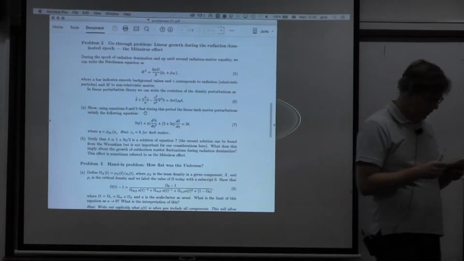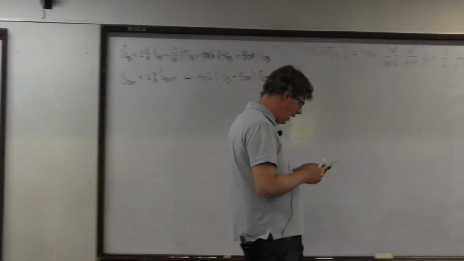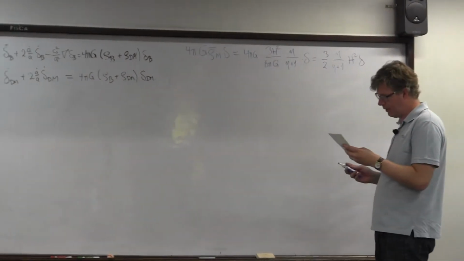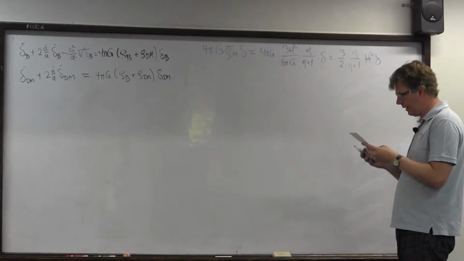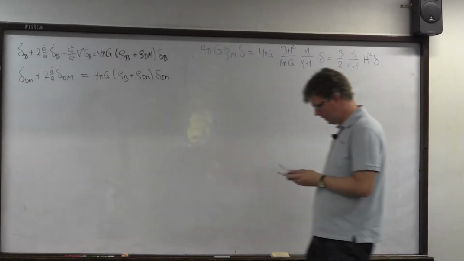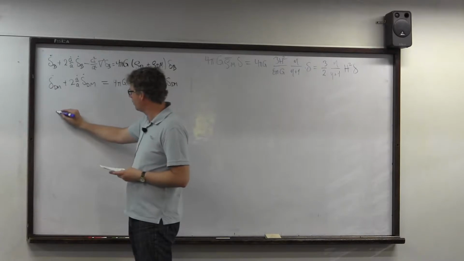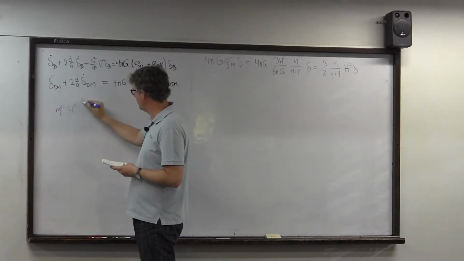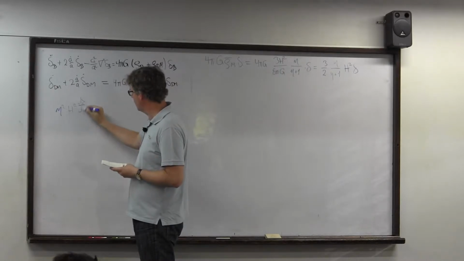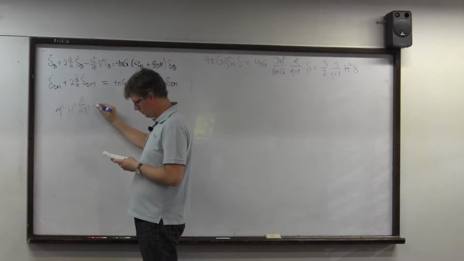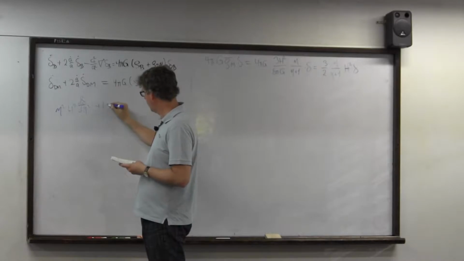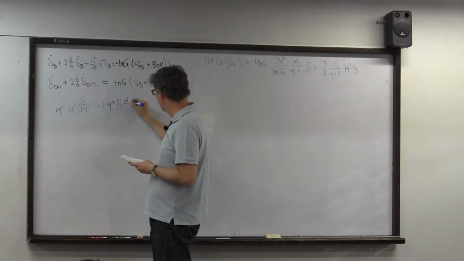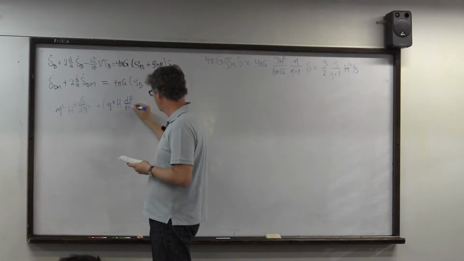And you can now put everything in, and it looks a little bit hairy. So the full equation now is η²H² d²δ/dη² plus η² and so on.